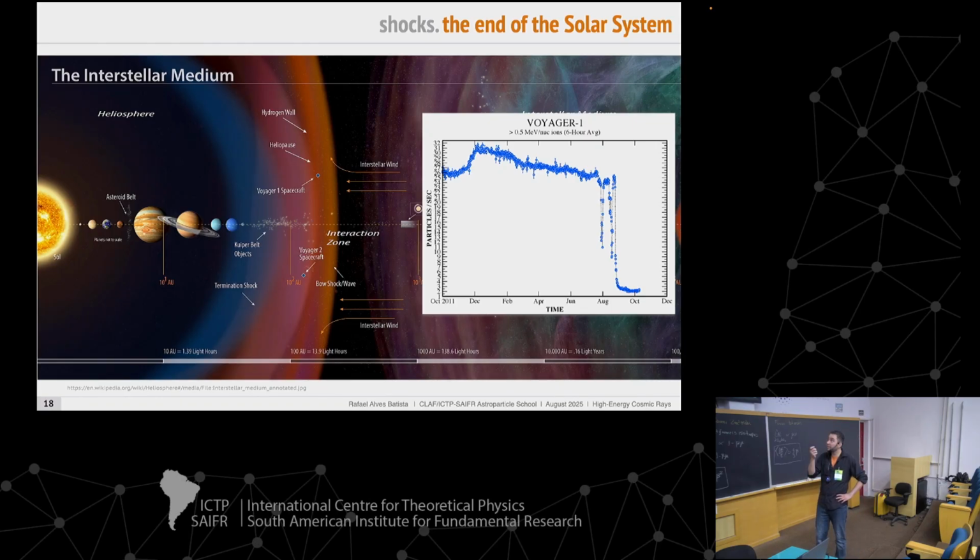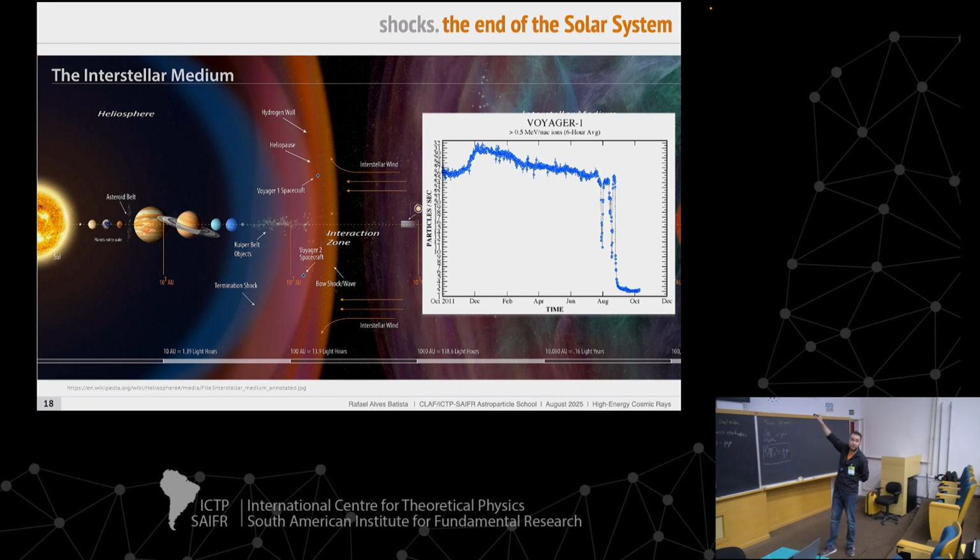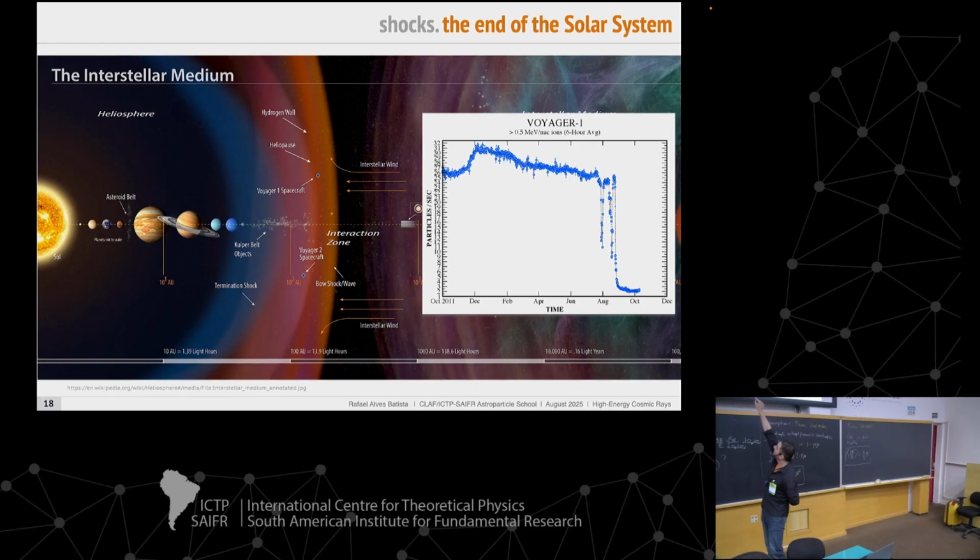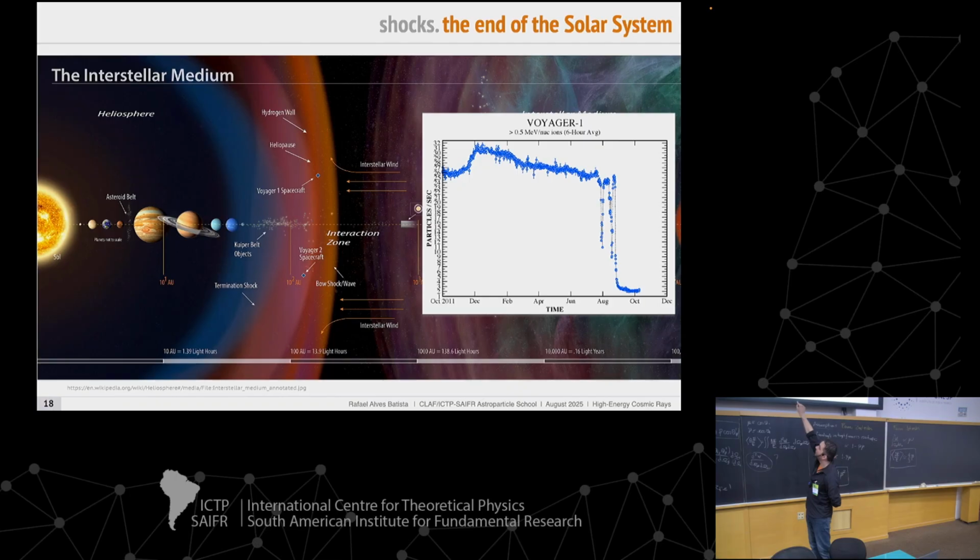It's quite hard to just look and say, okay, here's the solar system, here it's not. But in this case we can, because Voyager was still taking data, and you see that at one time, the number of particles being detected per second decreased drastically. This is the end of the solar system. This is the end of the shock of the sun. So the end of the solar system, in this case, is where the sphere of influence of the sun ends. It's a shock. It's the shock interface.